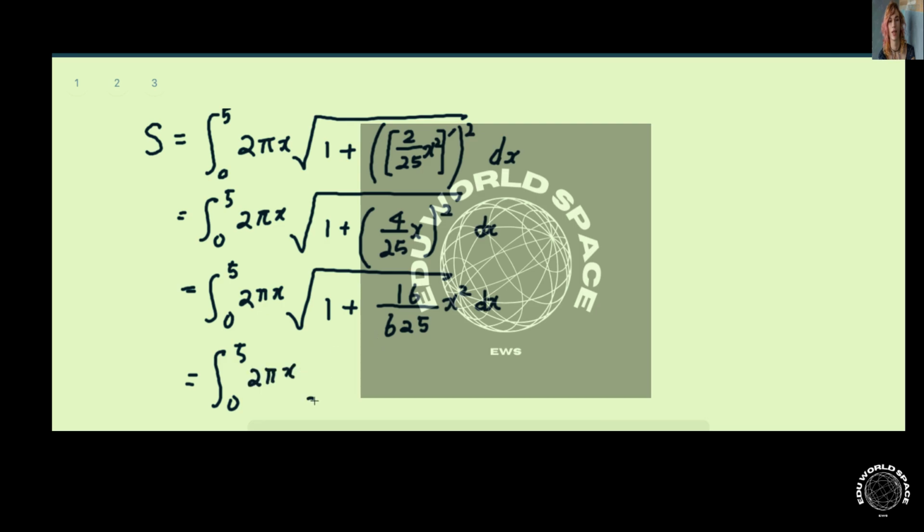Then I can also rewrite this like this. I'm going to compute inside the square root. So I have 625 plus 16 x squared over 625 dx. Okay, let's go that way.